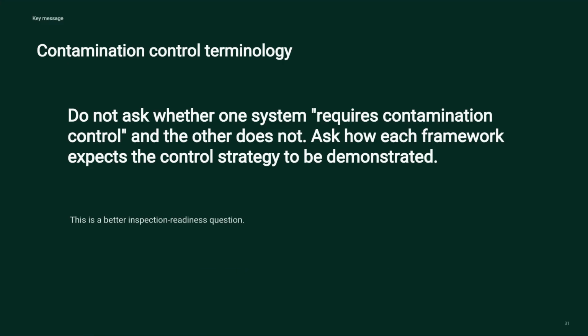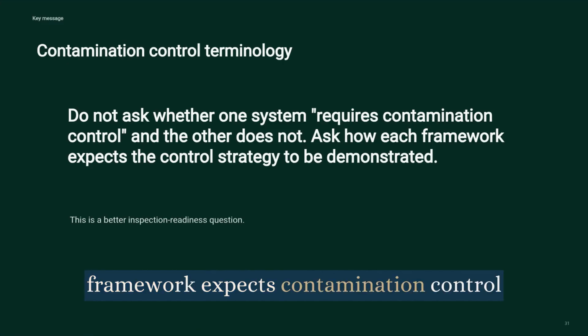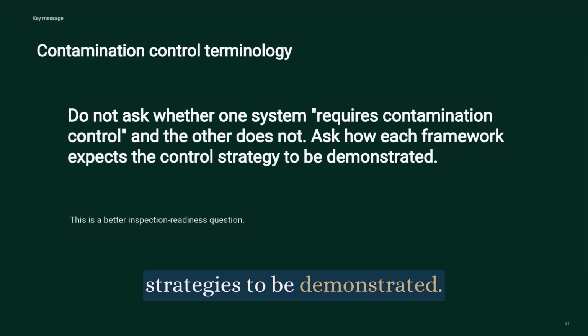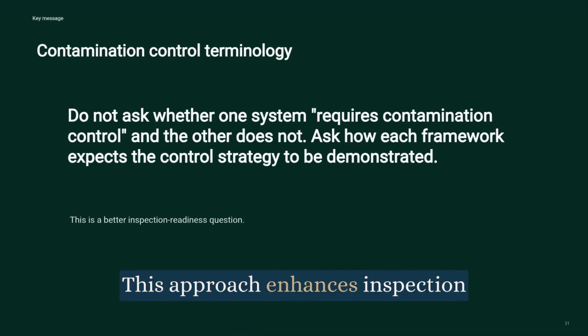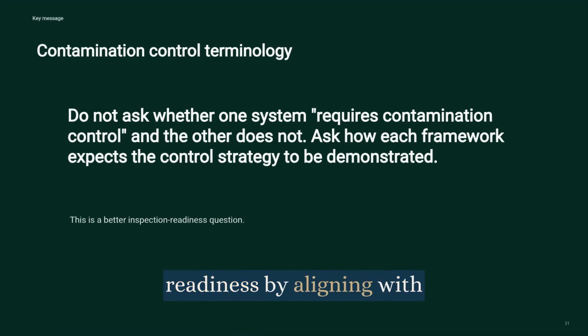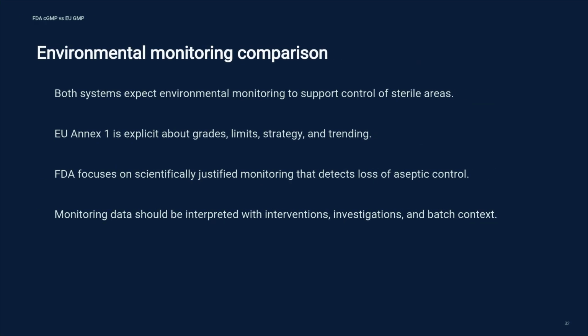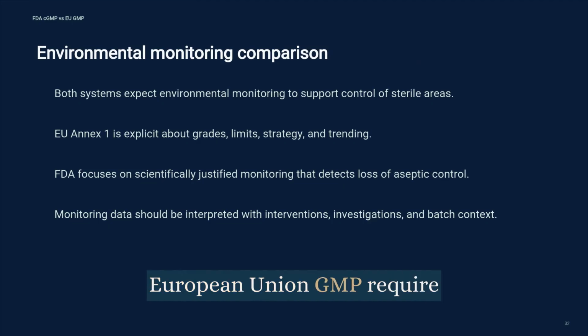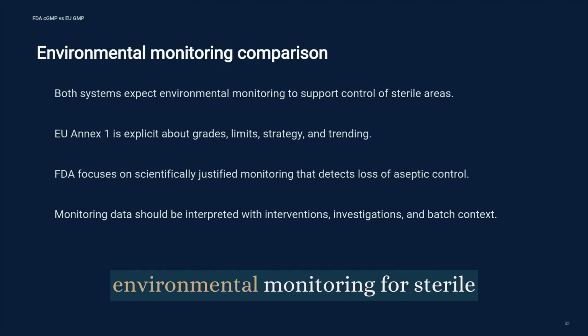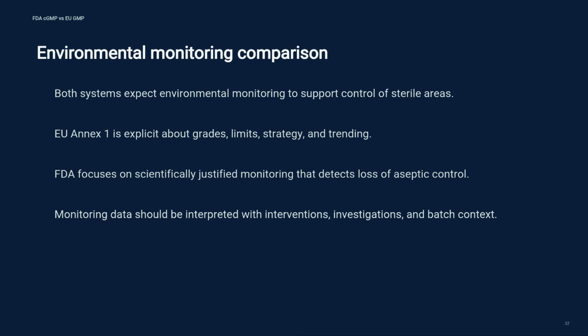Focus on how each framework expects contamination control strategies to be demonstrated. This approach enhances inspection readiness by aligning with the specific expectations of each system, rather than questioning the necessity of contamination control itself. Both FDA cGMP and European Union GMP require environmental monitoring for sterile areas.